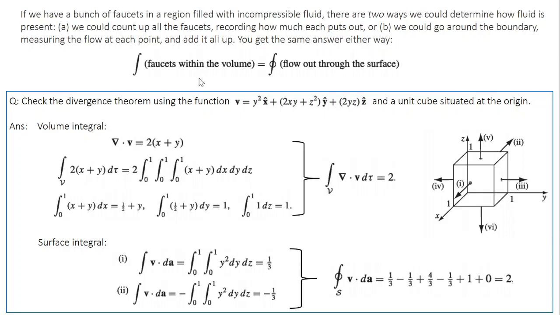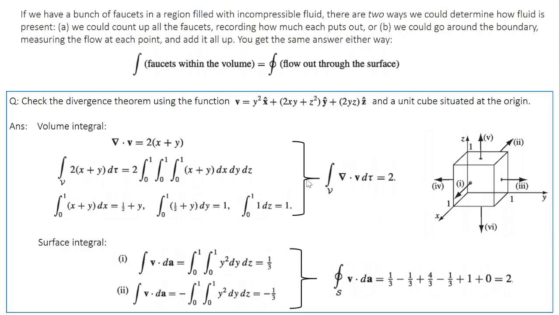Let's mathematically check whether this theorem is correct. Take a representative function v equal to y squared x cap plus (2xy plus z squared) y cap plus 2yz z cap. And for the unit cube given in this diagram, let's check whether the fundamental theorem of divergence is true.